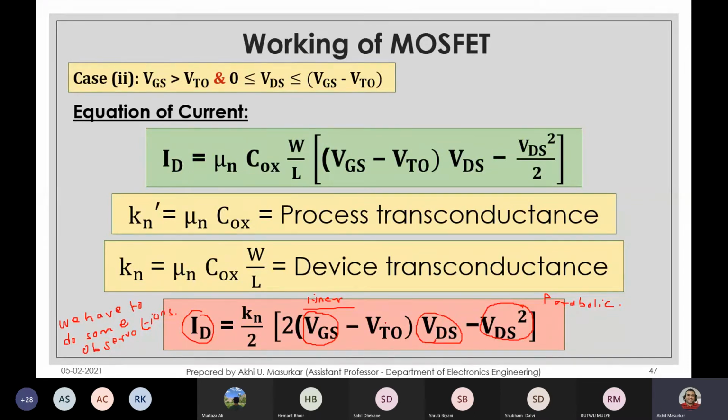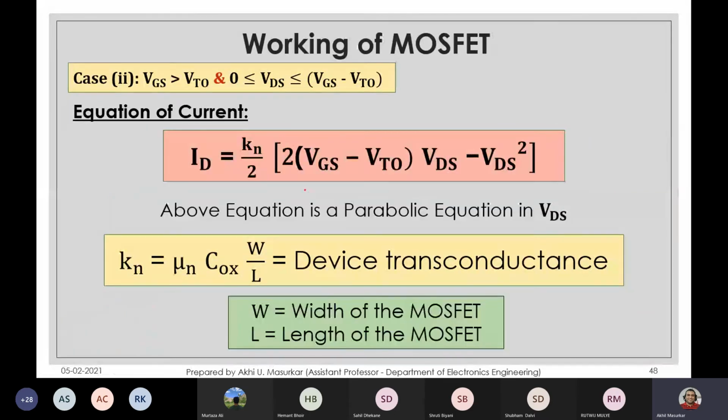But when it comes to ID as a function of VDS, the equation becomes parabolic. So if you are done with this, let's go ahead.